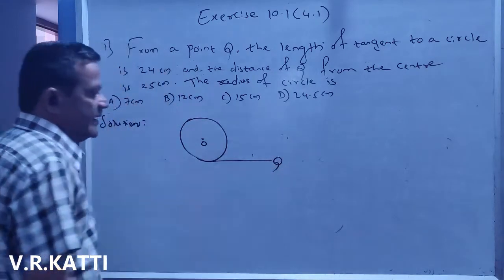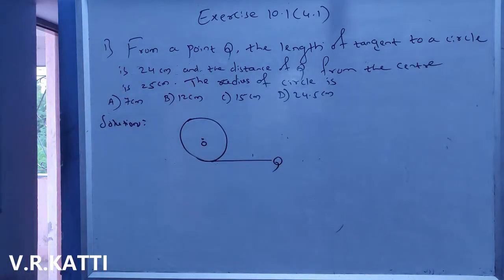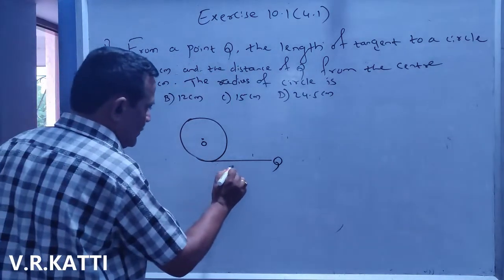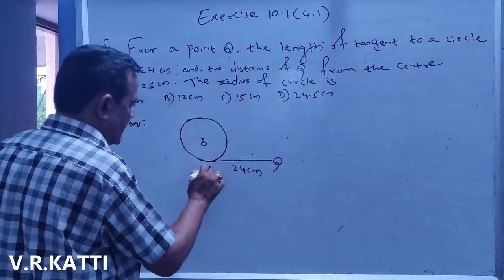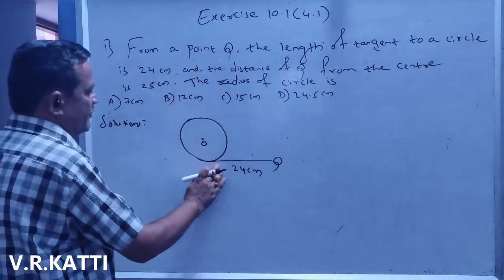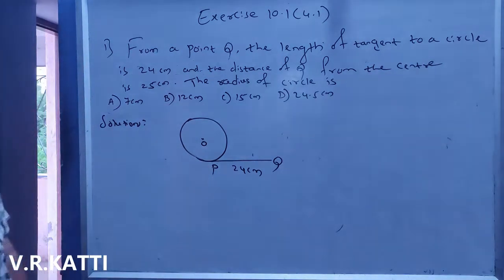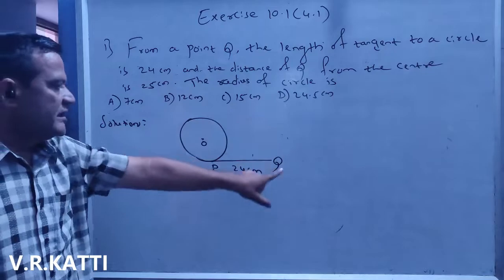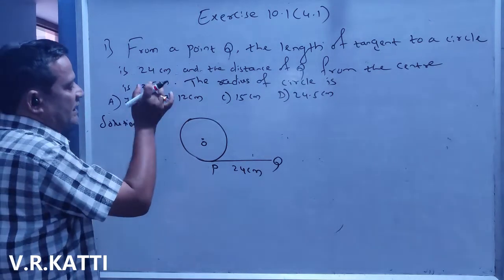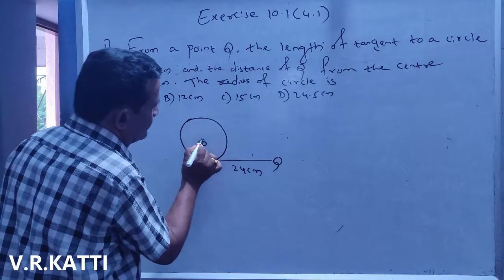The length of the tangent to the circle is given as 24 centimeters. Students, let it be AQ, or you can take PQ, or any letter. External point Q. Next, the distance of Q from the center of the circle is 25.